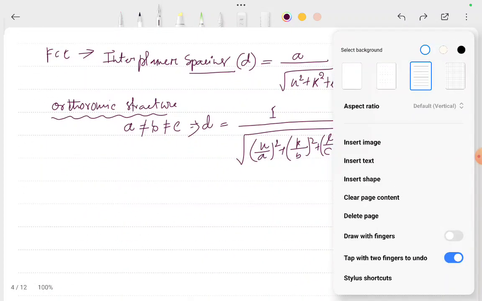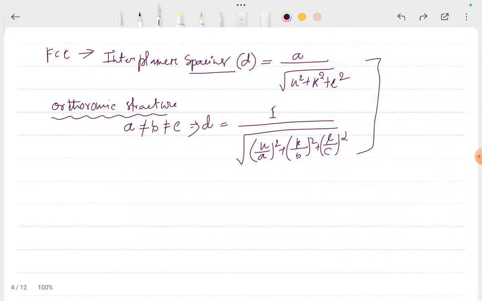Let's say we write here the two expressions of interplanar spacing.